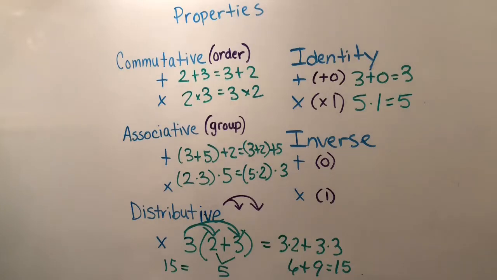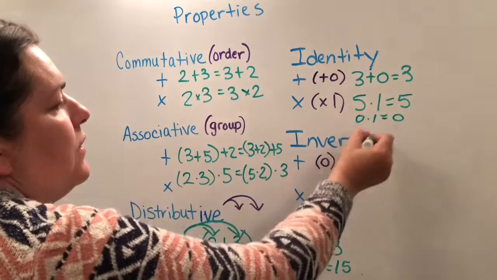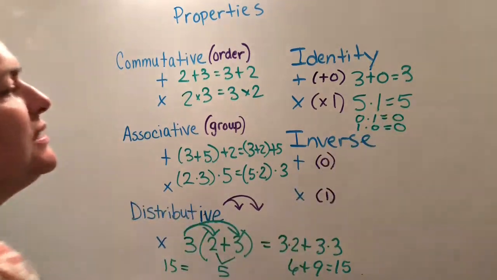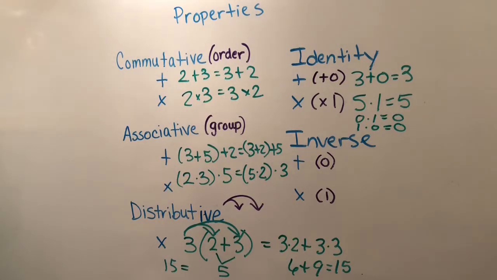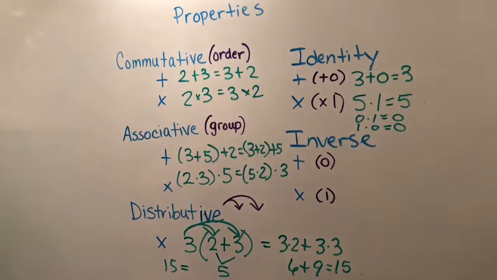So 5 times 1, negative 5 times 1, you're going to get the original number back. Now 0 is a little bit special because 0 times 1 is equal to 0, but 1 times 0 is equal to 0. So it's a little bit of an exception for 0. But in general, any number except for the order of 0 is going to give you the number back itself. And that's why we call it an identity.